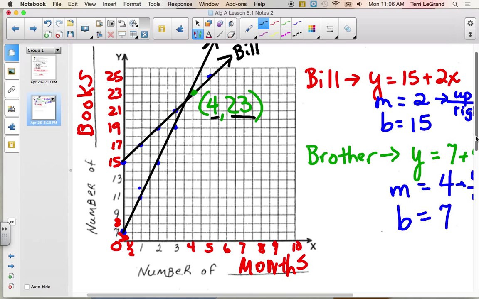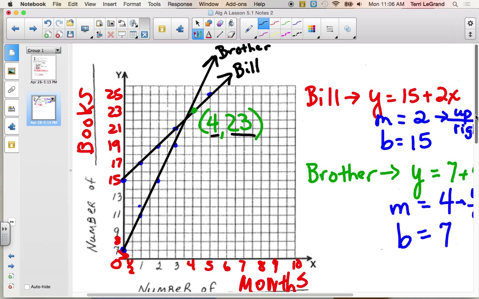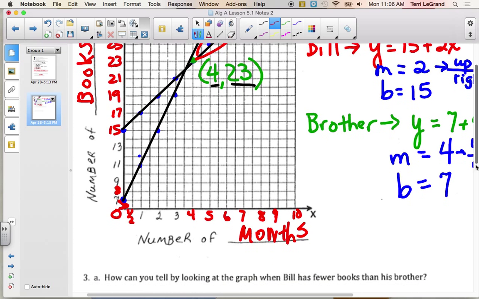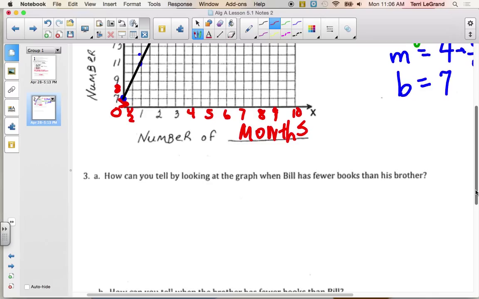Does that tell me then that everything on the line except the point of intersection is when Bill has fewer books? No. So after they intersect at this point, Bill has fewer books than his brother. What's true about the graph then? The line is below. So how can you tell when Bill has fewer books than his brother?